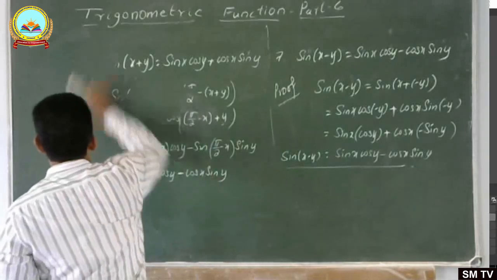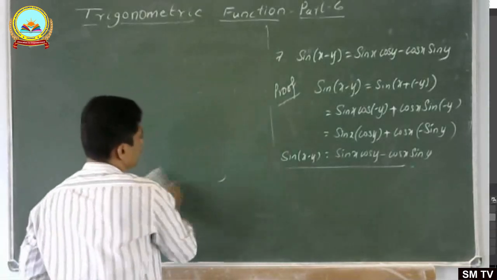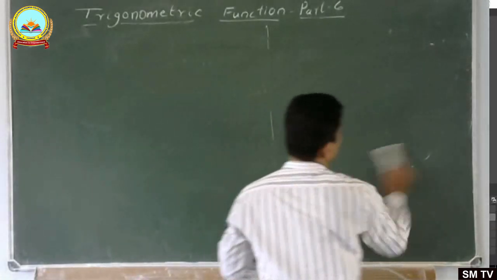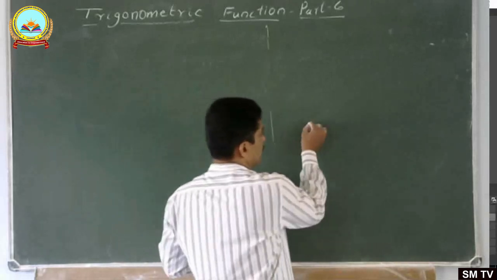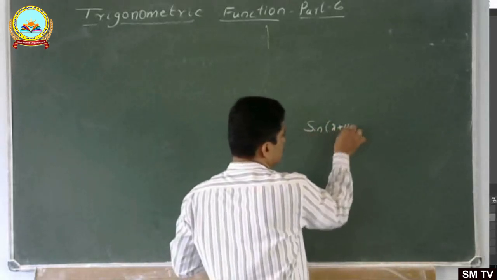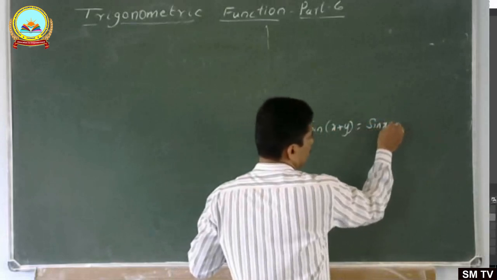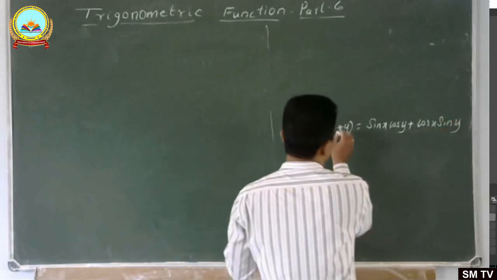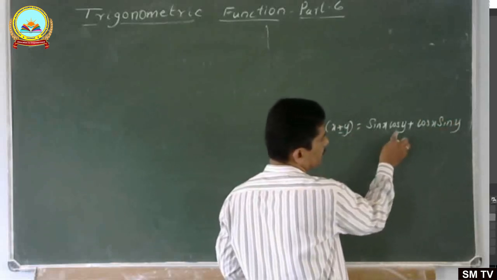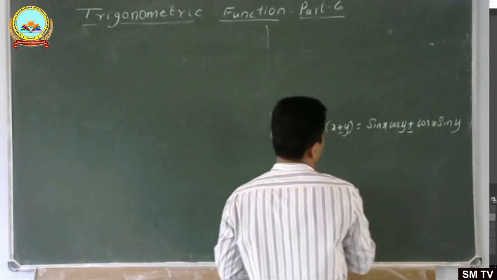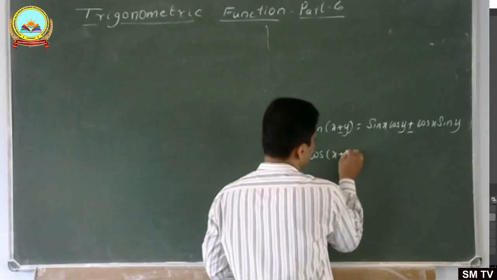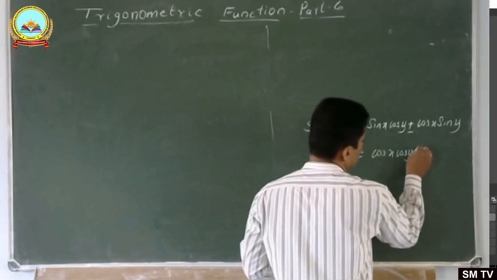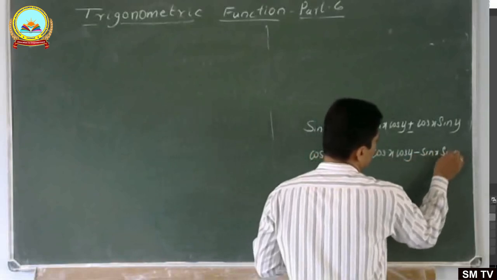Using these two results, you can prove the tan and cot functions, which are also important results. Here recall that sine of x plus y means sine x cos y plus cos x sine y. Similarly sine of x minus y means sine x cos y minus cos x sine y, and similarly cos of x plus y is equal to cos x cos y minus sine x sine y.